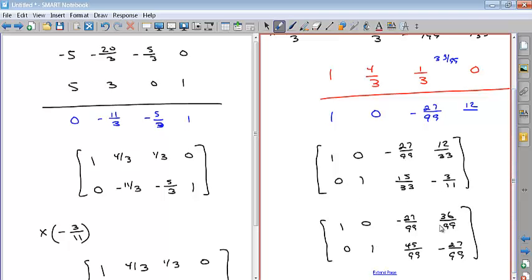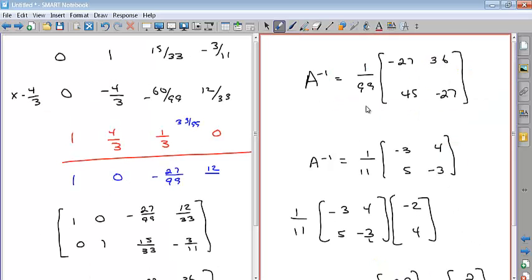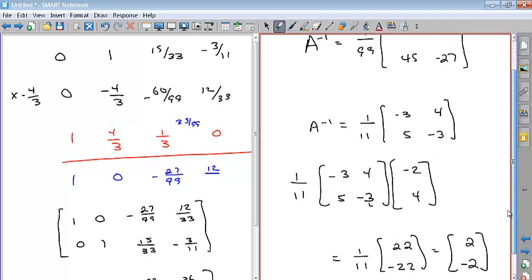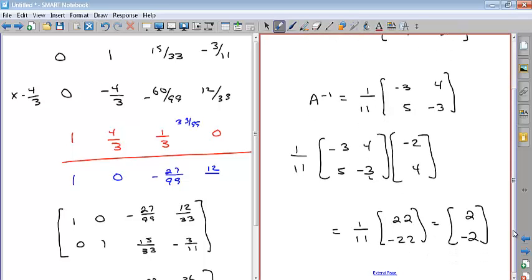I came out with this being the inverse matrix. I simplified it down. It turned out it was 1/11 times this. And the solution to the equation, you take A inverse times the right-hand side of the original equation. When you multiply that together, you get a matrix 2 comma negative 2. X is 2, y equals negative 2. That's how these work.